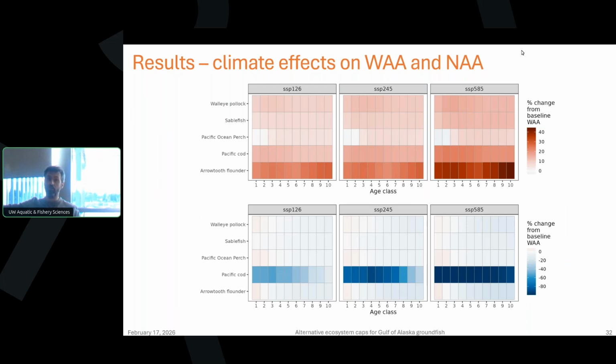Basically bigger spawners and slightly bigger spawning output, and then you have more mortality. Another way of looking at this is you have increased growth and increased mortality. The two things together, at the total biomass level, cancel each other out to some extent for some of these, but then you end up with a population that looks pretty different from what you had.